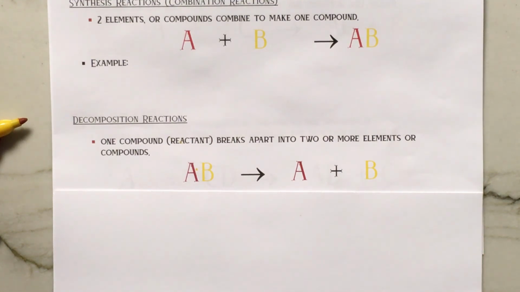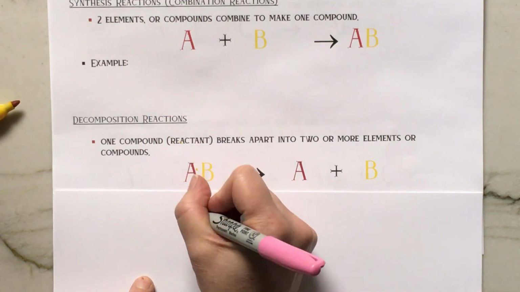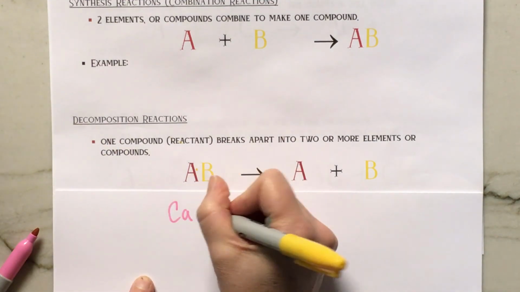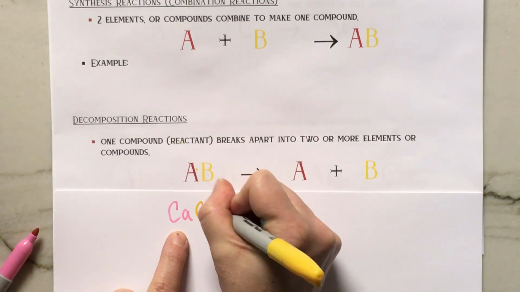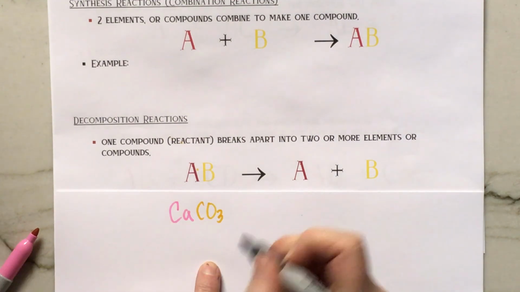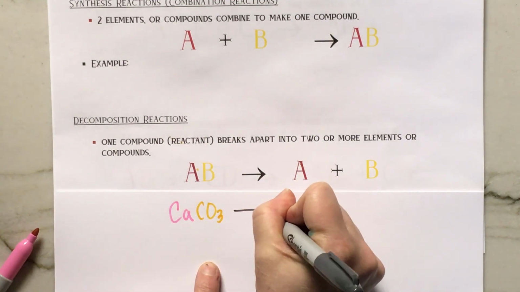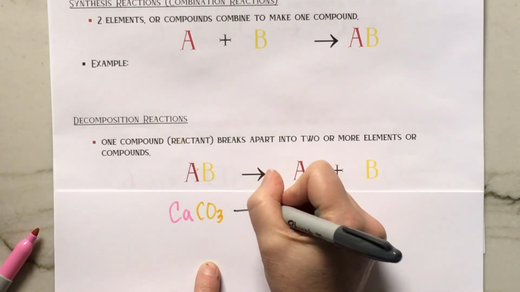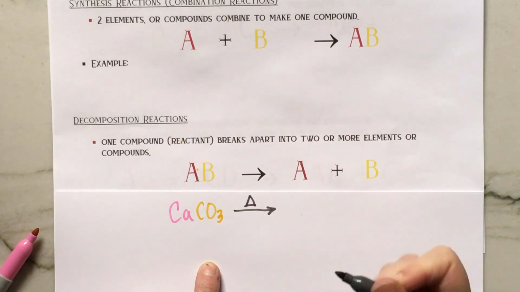So an example of a decomposition reaction is we have calcium carbonate. So there's your AB, your compound, and it is going to yield, decompose. And by the way, these reactions typically require energy.